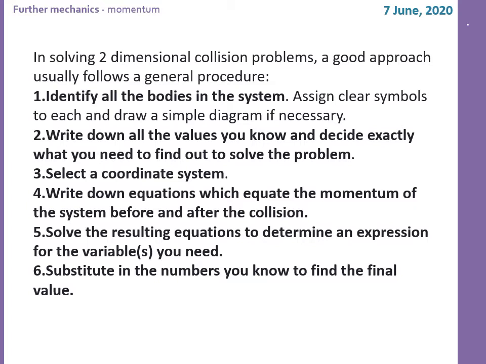Next, write down the equation which equates the momentum of the system before collision and after the collision. Number 5, solve the resulting equation to determine an expression for the variables you need. This is a little rearranging of the equation, a little mathematics is involved here. And lastly, substitute in the numbers you know to find the final value. So these are the general steps you have to follow.